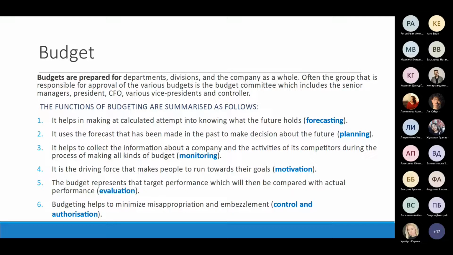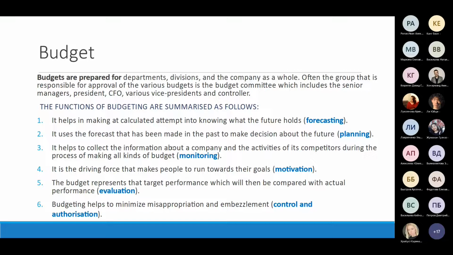So the budget committee is a special team which helps to create, consolidate budget information and approve it by different departments and different important persons. For example, even shareholders if they are involved in the management system.